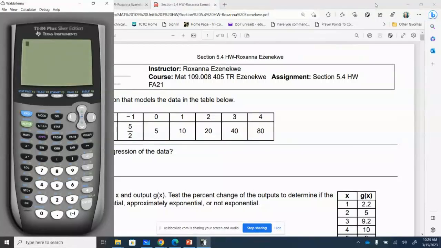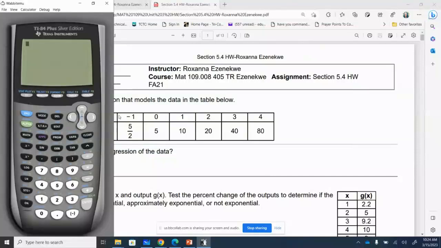But I'm going to say it so that in future, anytime you're told to compare models, you know they're asking you to find the biggest r squared, which is the coefficient of determination. And so I want to turn my diagnostic on.